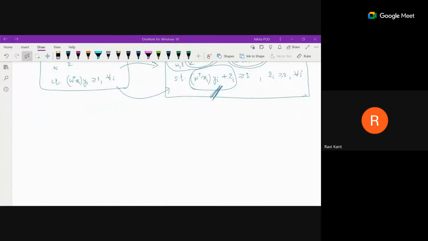All right, I will share this and we'll stop here, because the soft margin SVM is something we're going to look into in more detail when we go to week 11. There's nothing more to discuss. Anything else apart from this?